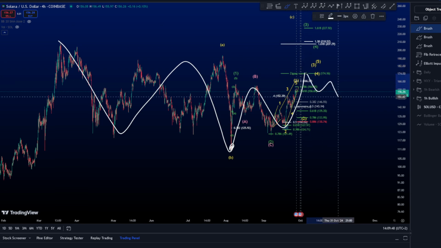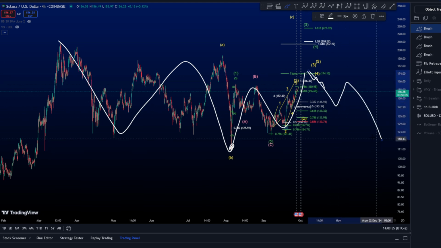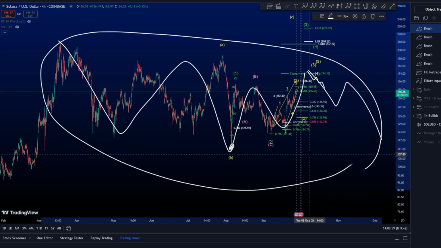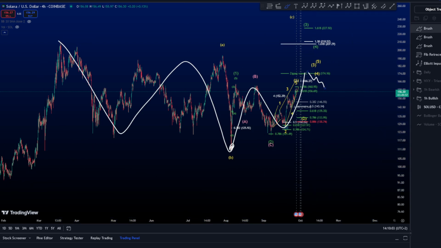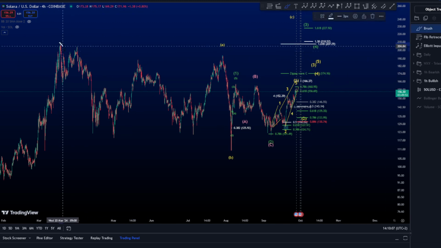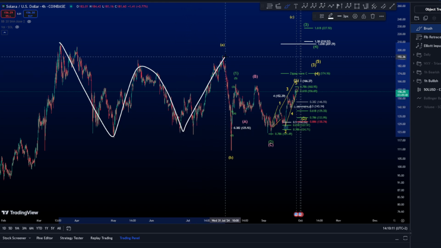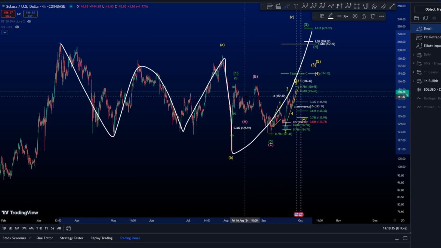If we retrace down impulsively, then definitely we will know that we still need one other zigzag to finish this three-structure formation of WXY. Of course, another possibility exists, but it is very, very rare, where we can see here A, B, C, possibly as an expanding flat.